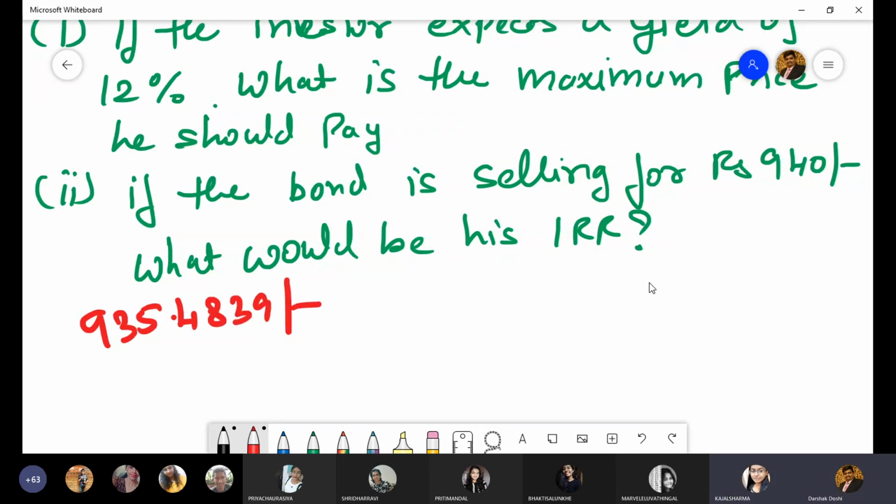Okay, this is the first answer we got. Did anyone get any other answer, or is this the answer you are getting? And for the second one is 11.86. Yes, okay.